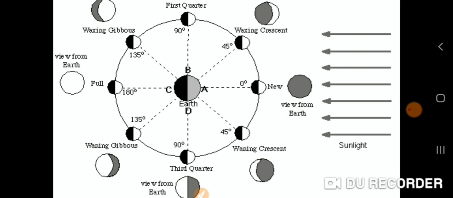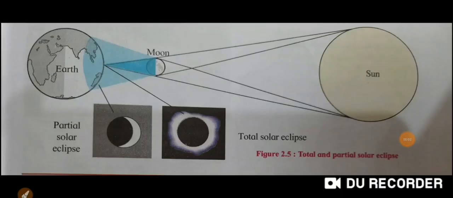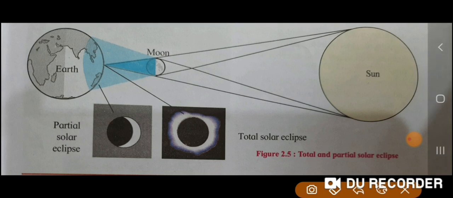Now let us proceed towards solar eclipse. Students, now let us learn about solar eclipse. If the Moon is between the Sun and the Earth, the shadow of the Moon, see the shadow of the Moon? It's shown in blue color over here, falls on the Earth.